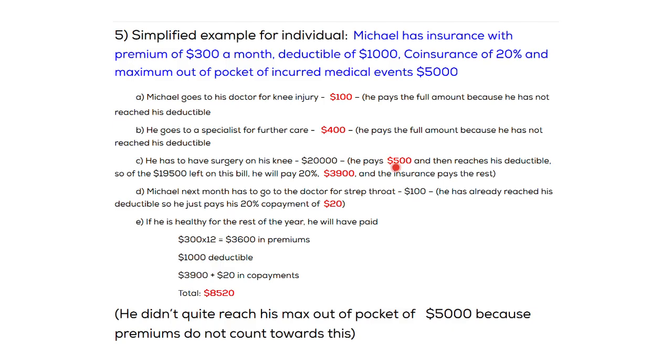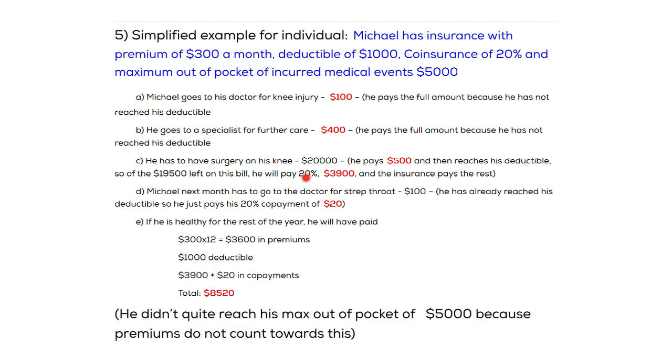He is going to pay $500 because at that point, boom, he hit his deductible. So he's going to pay $500 of the $20,000. He still has $19,500 left on that bill for the surgery, and of that, he's going to pay 20% while the insurance will pay 80%.